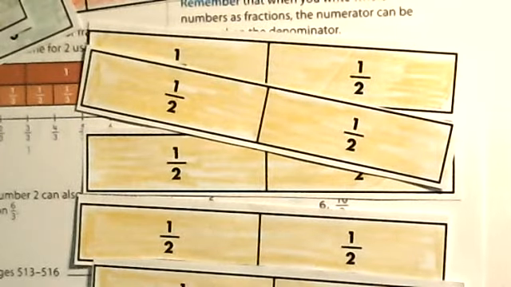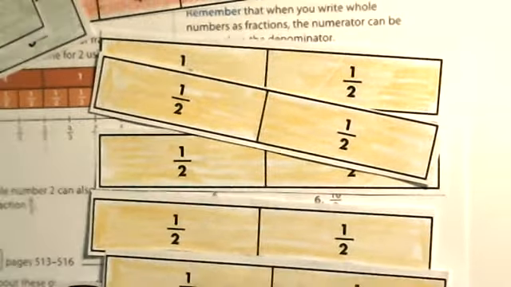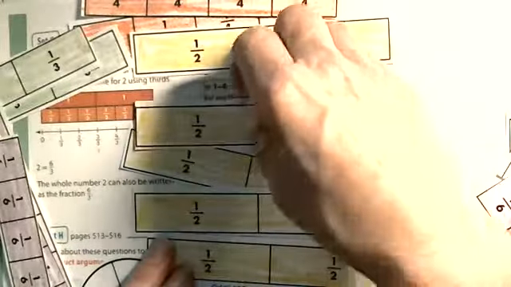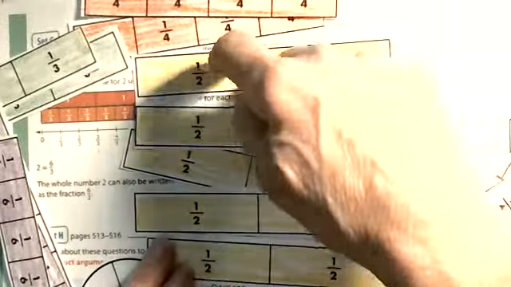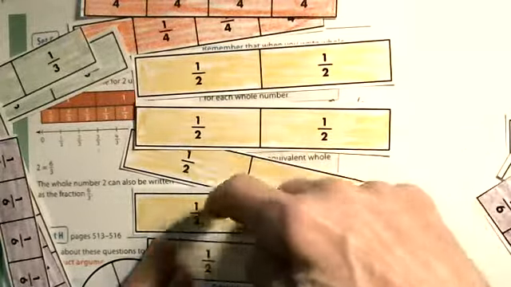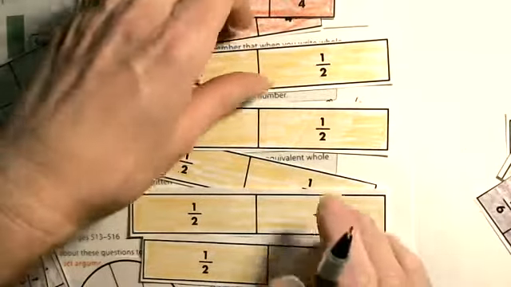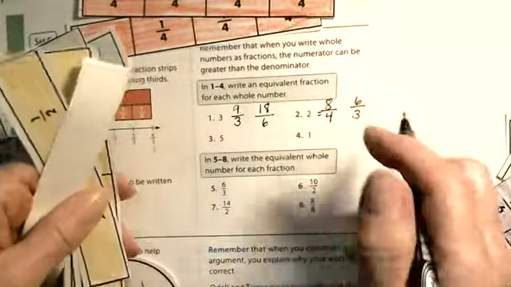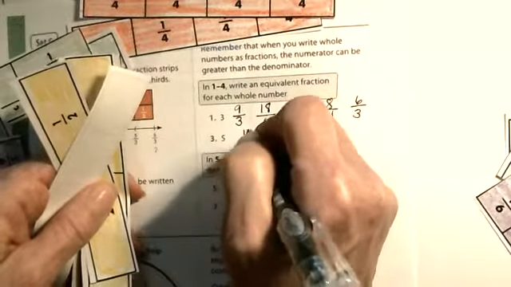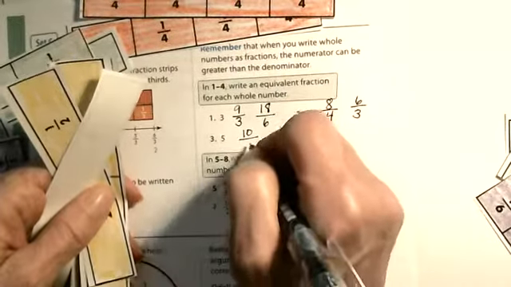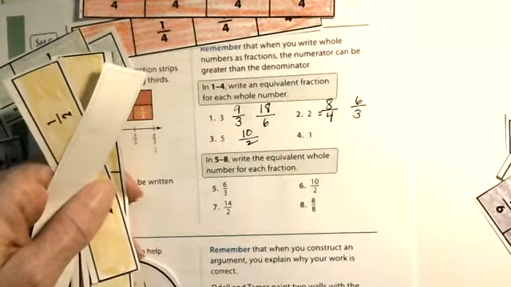Let me zoom so you can see it. Okay, 5 wholes. How many halves is 5 wholes? 1, 2, 3, 4, 5, 6, 7, 8, 9, 10 halves. The total of halves is the numerator. There were 10 halves. Okay?